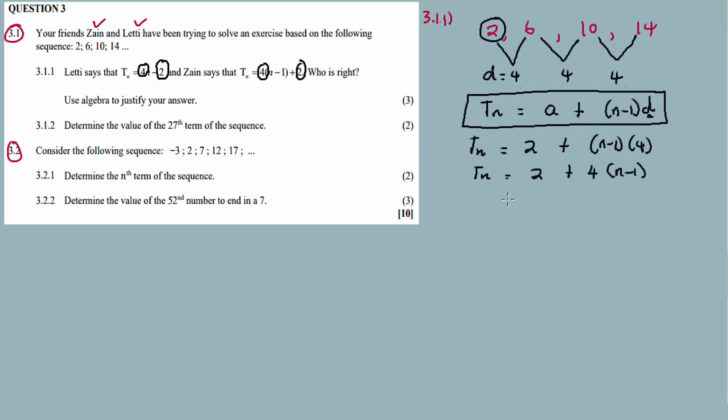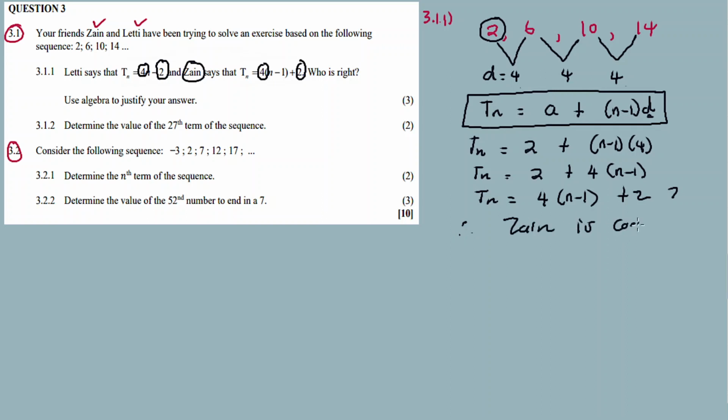So if Zane's formula says 4(n minus 1) plus 2, is it the same as this? It is the same as Zane's, right? Is Zane correct? I think so. So therefore Zane is correct.